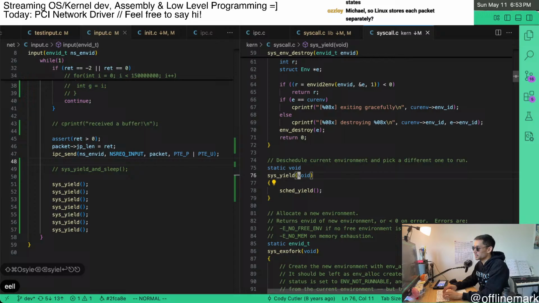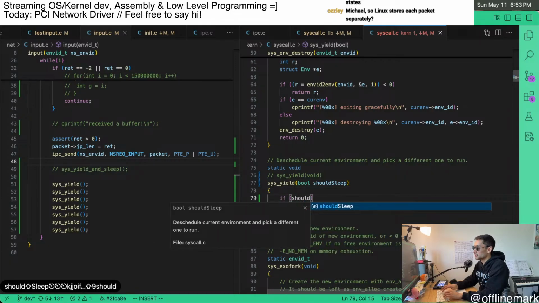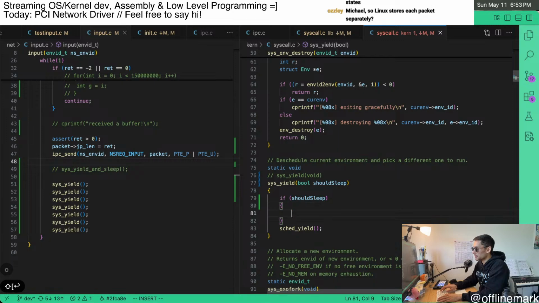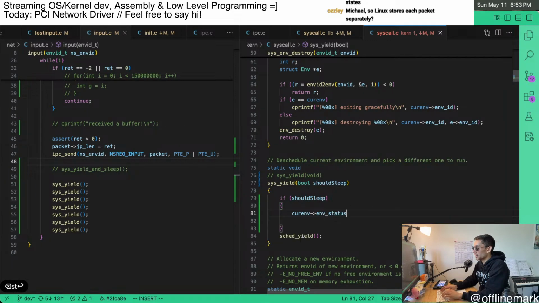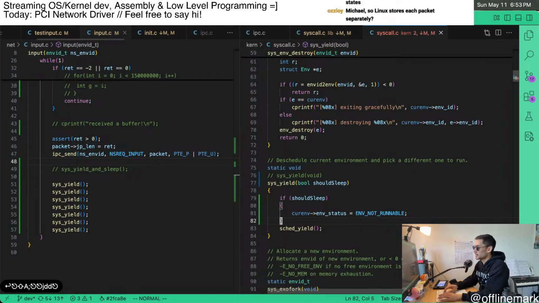And then instead of being void, I was like bool should sleep. Then it's like if should sleep, cur env status equals env non-runnable, for example.